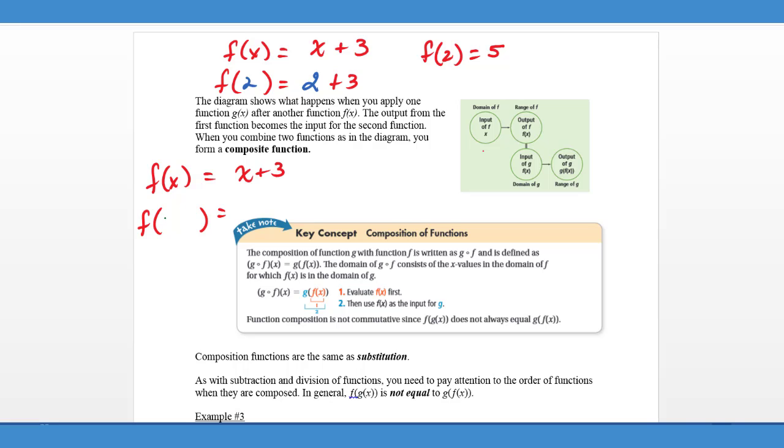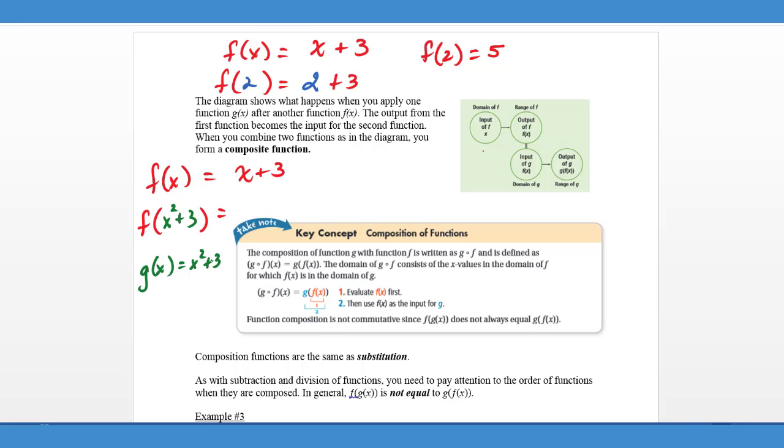So maybe we want to replace x with x squared plus 3. We could define x squared plus 3 as another given function. Maybe we say that g of x is equal to x squared plus 3, and we would simply plug that in.